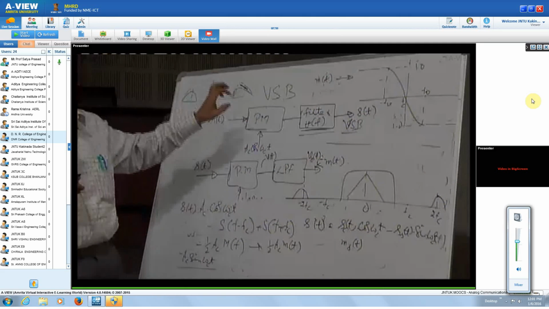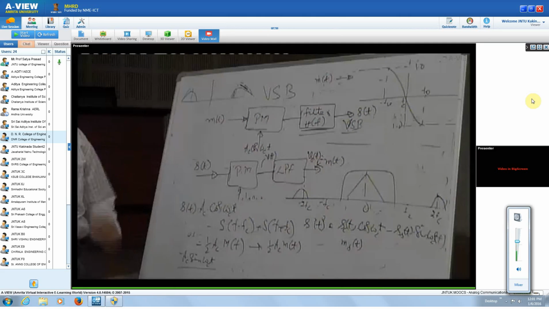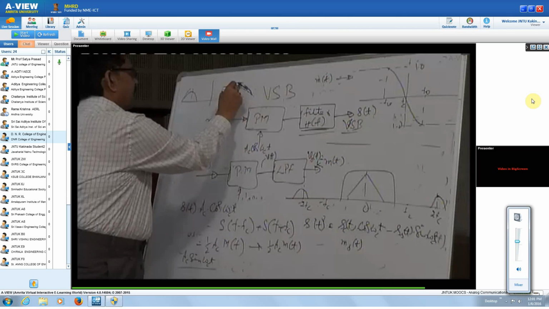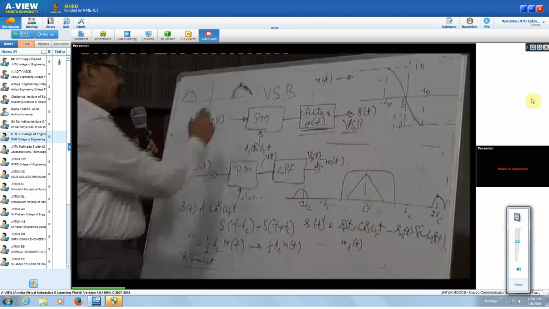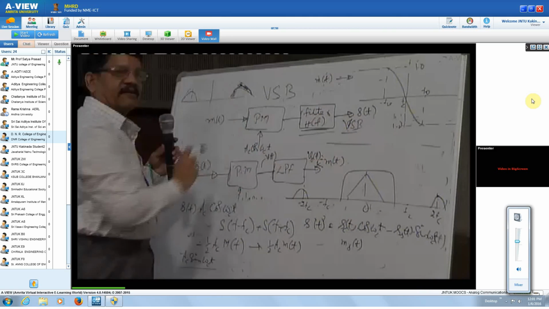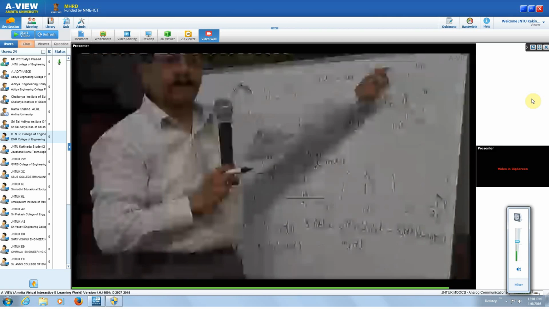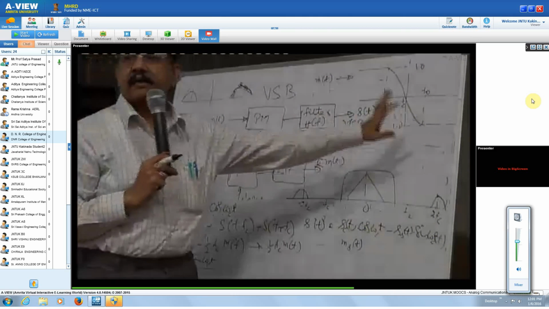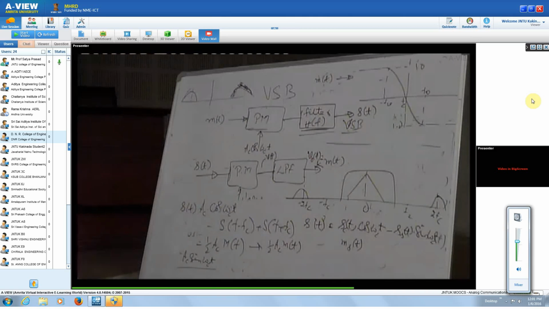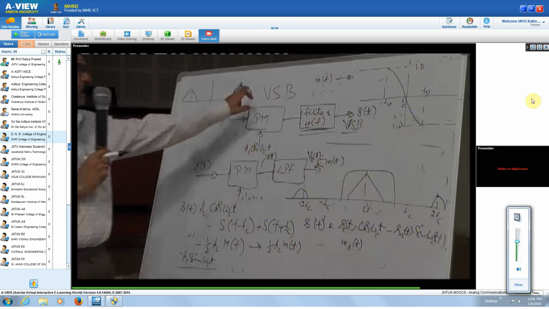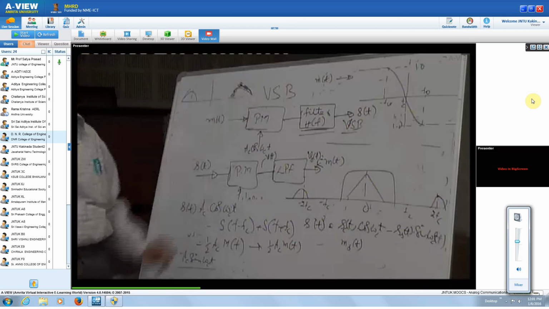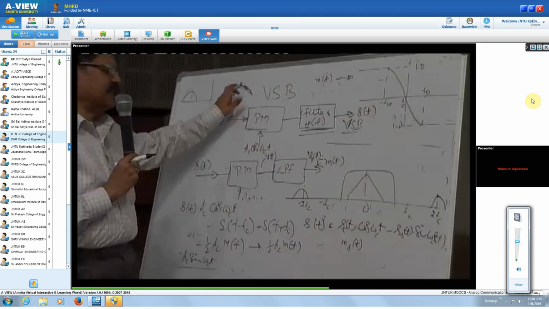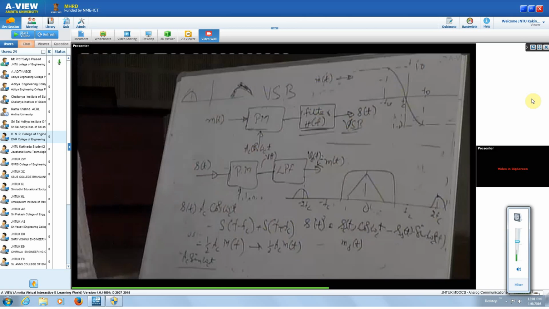So the total energy that we are going to have is as that part of your SSB signal only. So some part of this we are removing and we are adding some part of this. That's what we are doing here. Adding and subtracting the required part, so that you reduce some part of the wanted sideband and some part of the unwanted sideband or the vestige part.